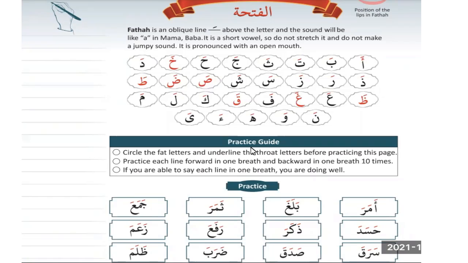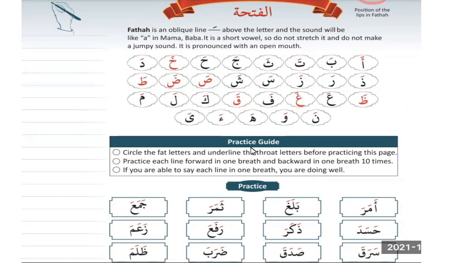These two letters use the top of the throat. Like I said, you can practice while you are gargling. Same part, the top of the throat. So these two letters, kha and gha, we are using the upper throat.